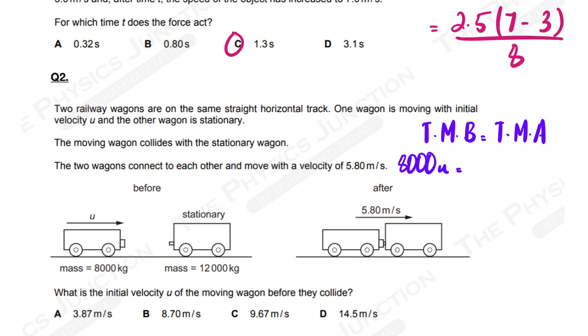For this combined object, I obviously know that the mass is going to be the sum of the masses of these. So 8,000 plus 12,000, that's 20,000 times 5.8. And then I just need to rearrange this equation to find u. So u turns out to be 14.5 meters per second.